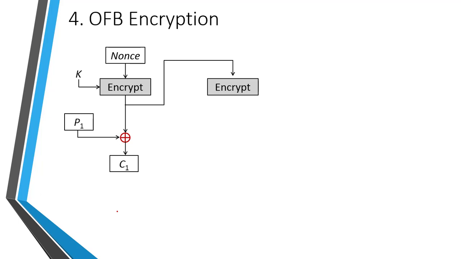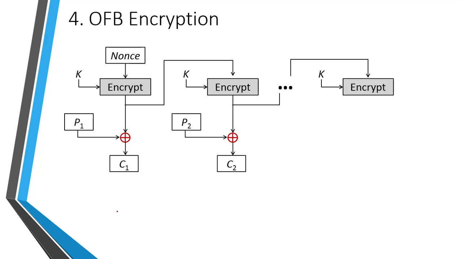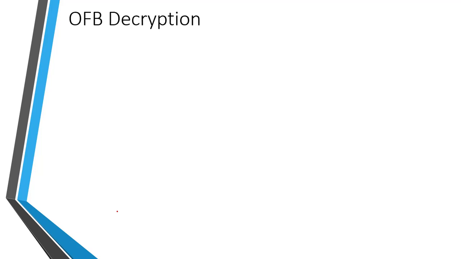The difference between cipher feedback mode and output feedback mode is that here the output of the encryption function is given to the next block of the encryption function, and then this output is exclusive ored with the next plaintext block, and the next ciphertext block is generated. In this way all the ciphertext blocks are generated.